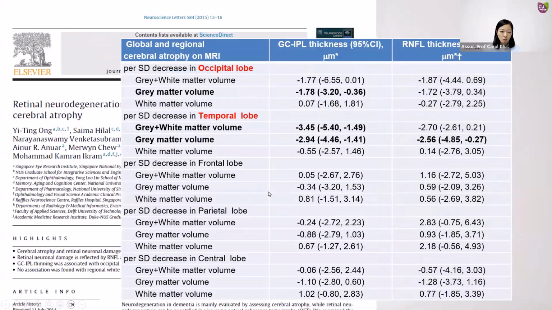In addition, we also examined the association of ganglion cell inner plexiform layer and retinal nerve fiber layer thickness with global and regional cerebral atrophy on MRI. We found that decreased ganglion cell inner plexiform layer is associated with gray matter loss in the occipital lobe and also the temporal lobe, providing potential insights for using OCT to assess neurodegeneration in the brain.